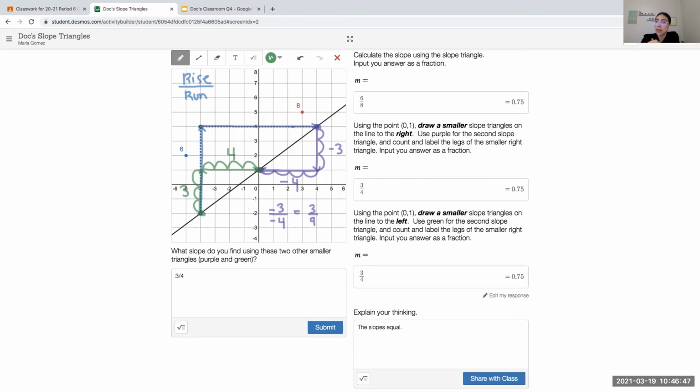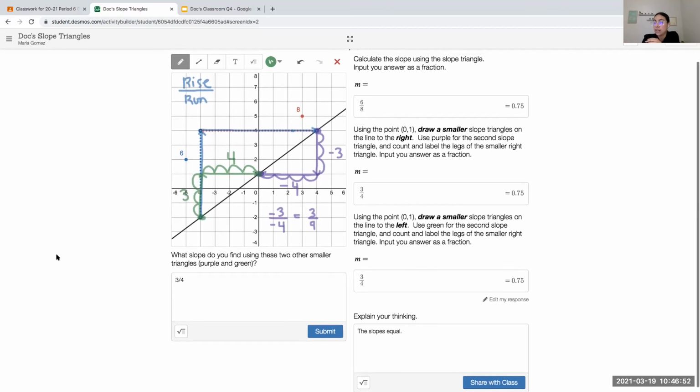All right, so that is technically all you need to have for this slide. If you are not able to follow along in the Desmos activity for some connection issues, go ahead and take a screenshot of this. This is how it should look for it to be completed. I am going to let you guys move on to slide 3. So go ahead and click on the next button here and move on to slide 3.